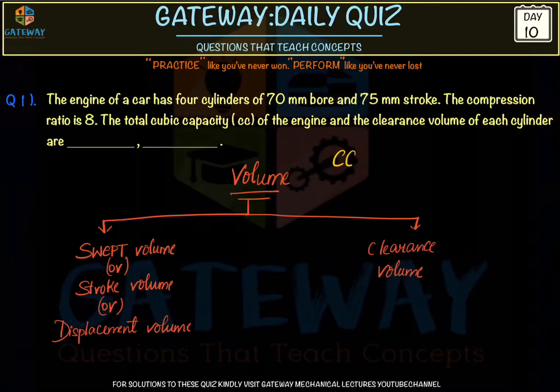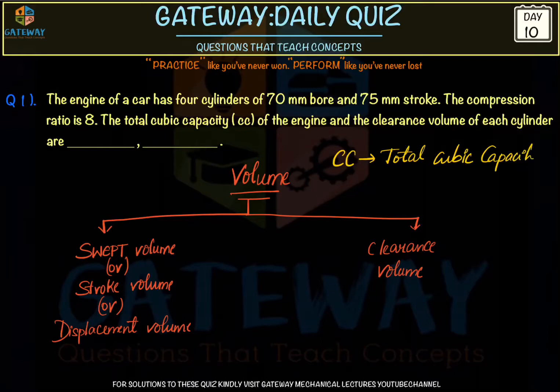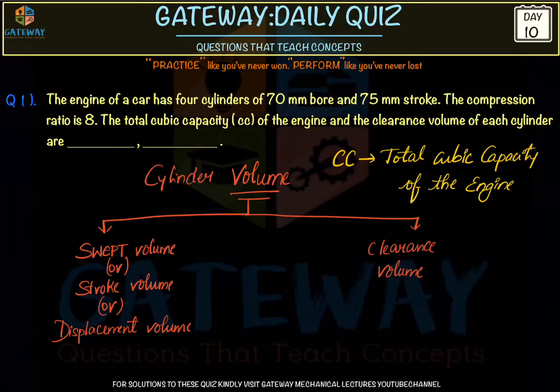The cc is the total cubic capacity of the engine. Here it is not specifying the cylinder, it is about the engine. The two types of volume we are talking about are for a cylinder. So that is the difference.